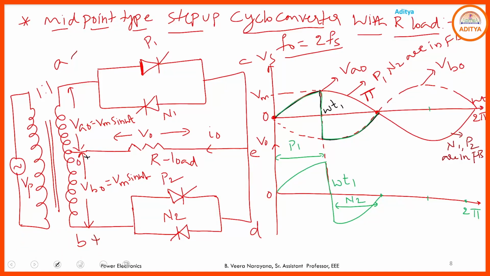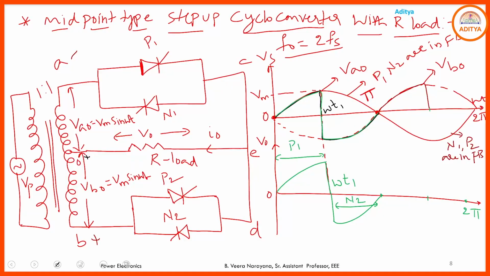See here, after pi, what is your required voltage? This one. So at omega t equal to pi, you need to provide the gate pulse to the positive group SCRs. During the negative half cycle, N1 and P2 are in forward bias, so you need to provide the gate pulse to P2.